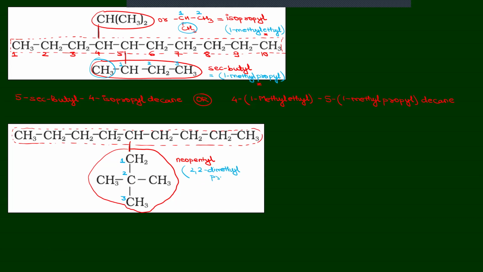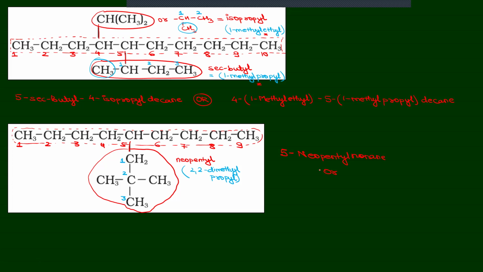So now the name of this compound is simple. If you observe, there is a symmetry in the structure, meaning I can number from either side. Neopentyl is occurring at the fifth carbon. So it will be 5 neopentyl nonane.